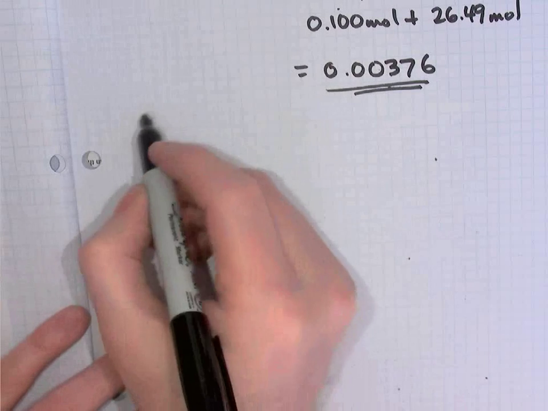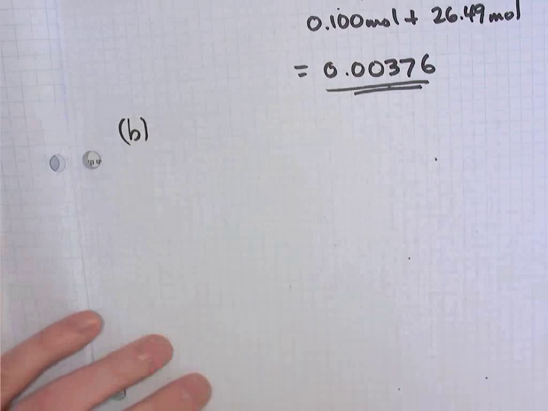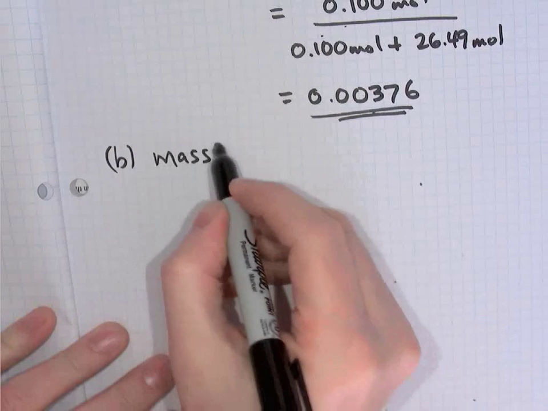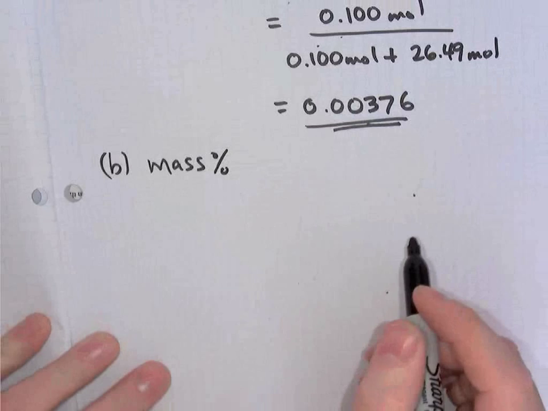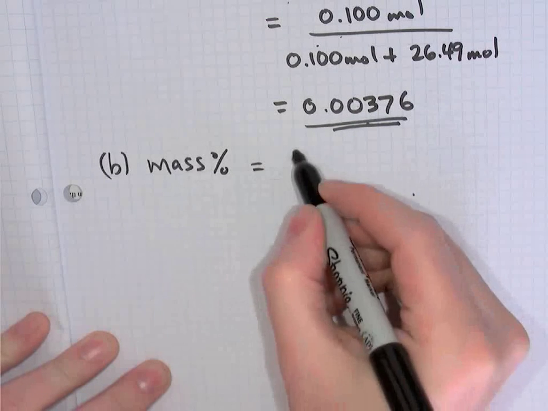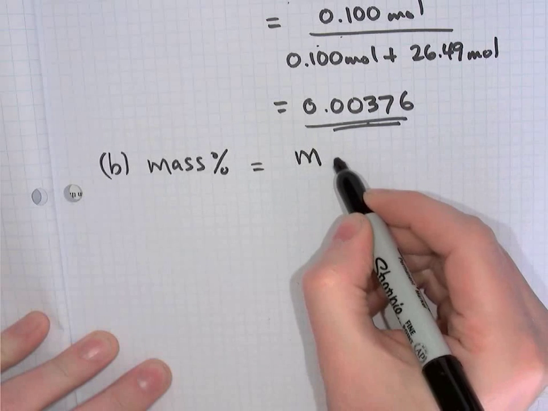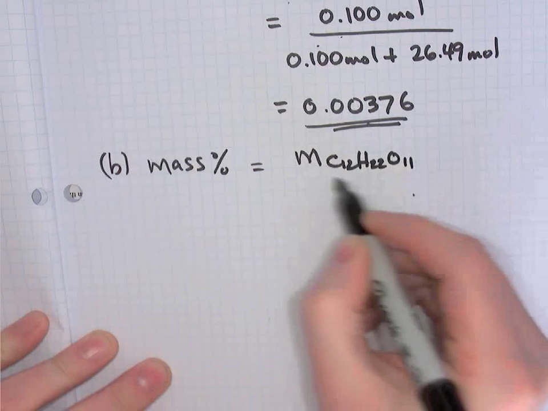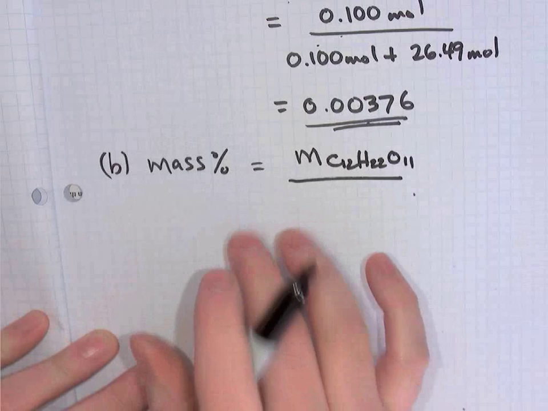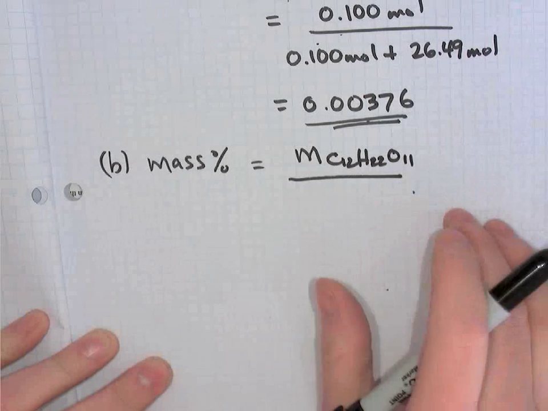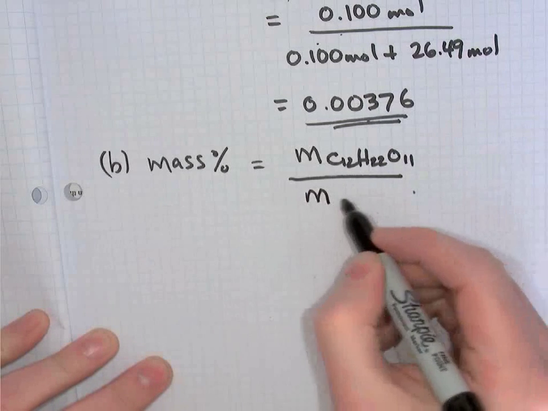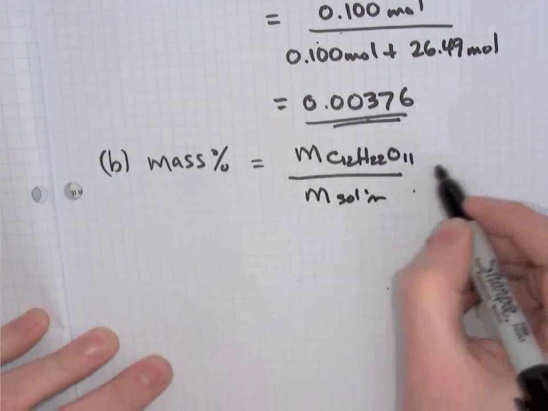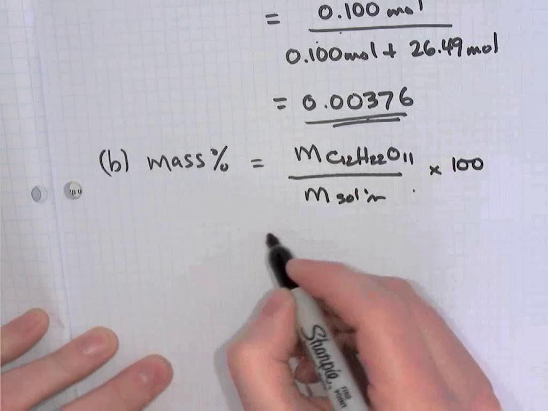Part B, we wanted the mass percent of the sucrose in the solution. So that's going to be the mass of the sucrose divided by, now I could say here mass of sucrose plus mass of water, or since we calculated it, the mass of the solution, and then times 100 to get a percentage.